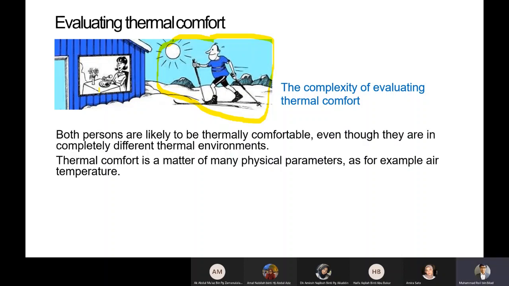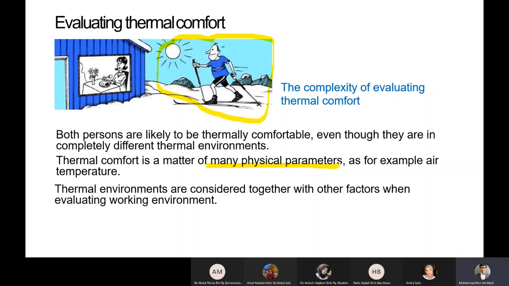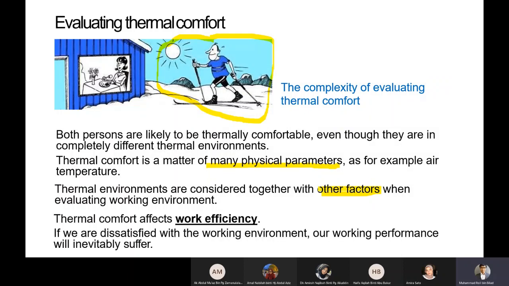It's really a matter of many physical parameters. I will get back to this one. Not only the temperature, we have to evaluate it all together. There are other parameters.